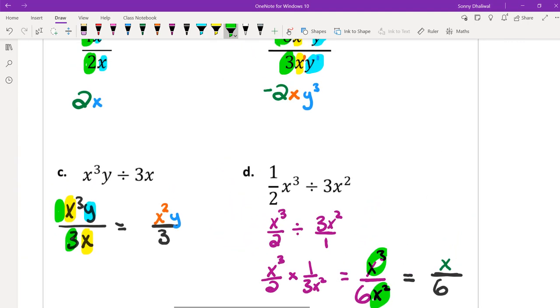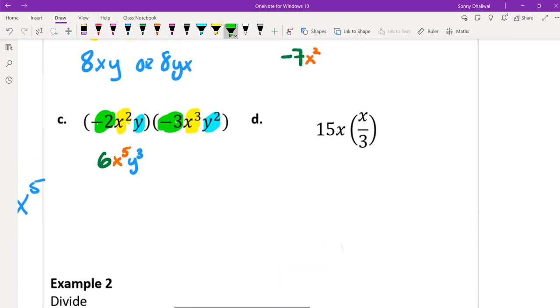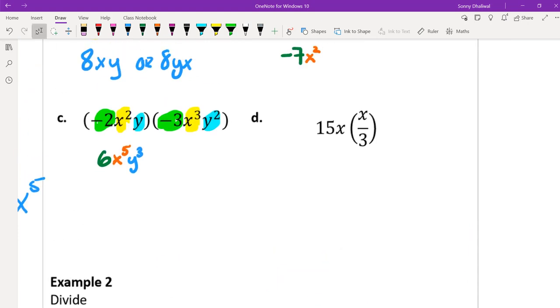Now, I skipped the D up here. It's actually easier now that we've seen all of this. So we have 15x times x cubed. I'm going to rewrite it so everything's at the same level. It's a times symbol, so we don't need to flip it.